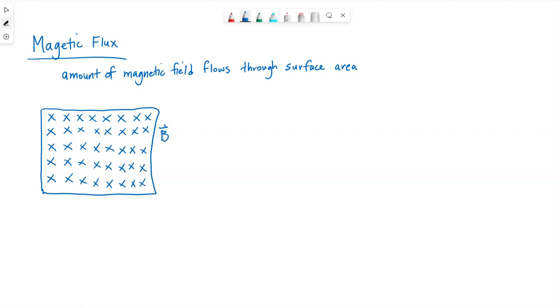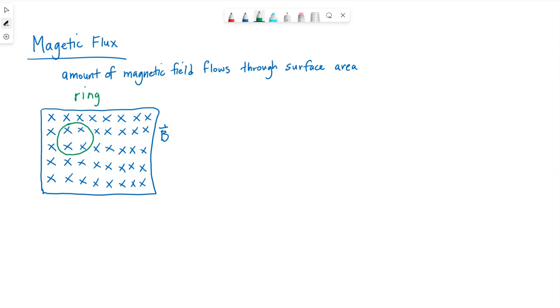If I had a small ring, this ring would have flux flowing through it because there are magnetic field lines flowing through.